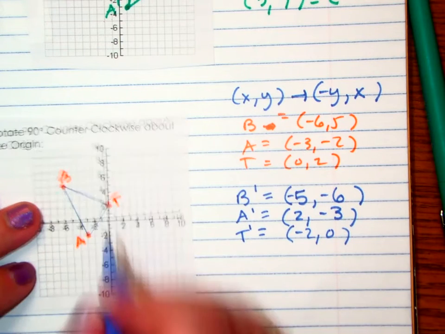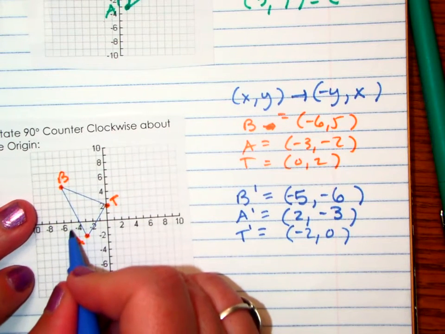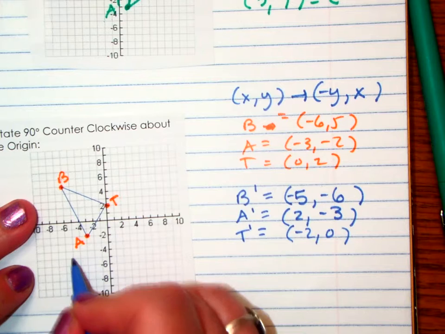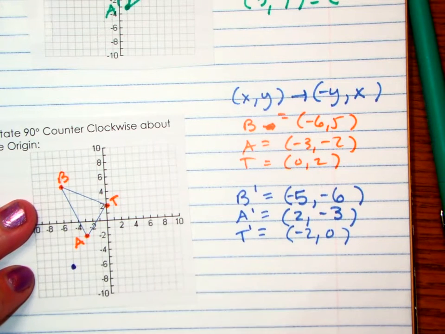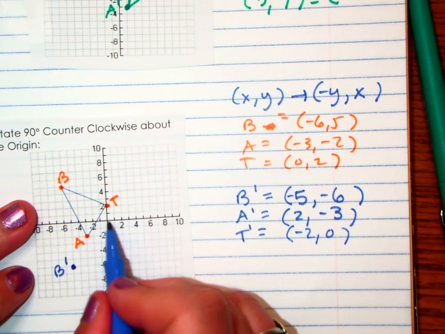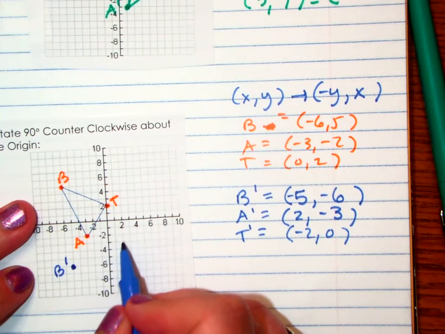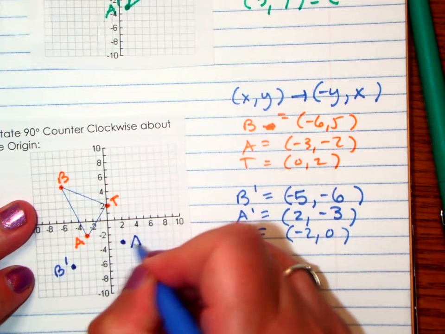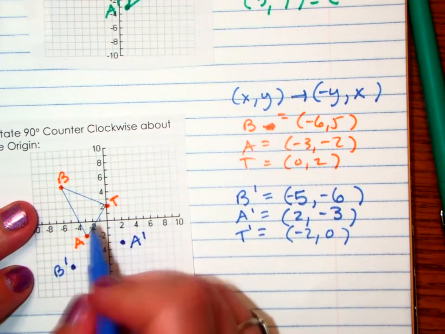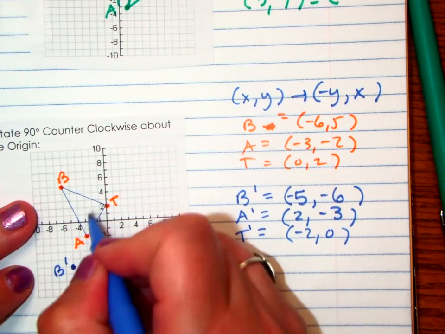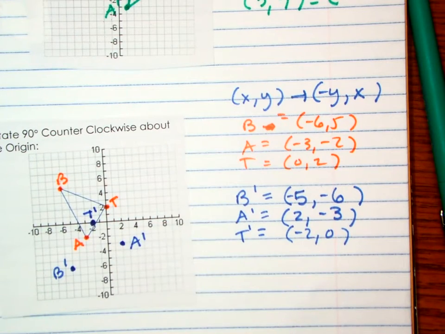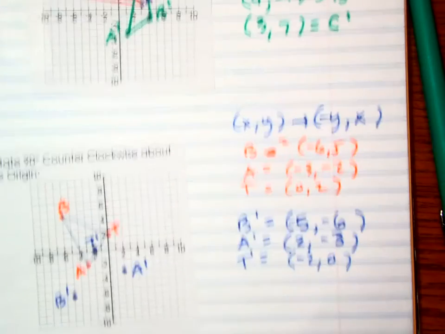So -5, -6, I would go over to -5, down 1, 2, 3, 4, 5, 6. That would be B prime. 2, -3, so over 2, down 1, 2, 3. That's going to be my A prime. And T prime is at -2, 0. Then I'll just draw that one.